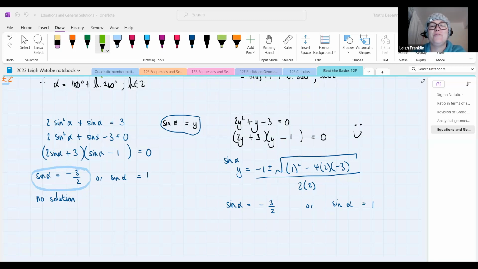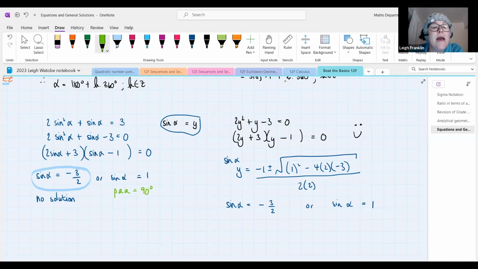Good stuff. Now with sine alpha equal to 1, we need to find our PAA, or our RA. When we find our PAA, it's 90.